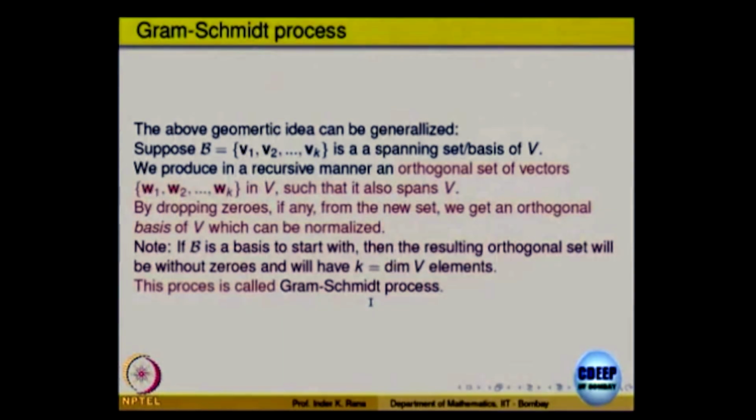So first you convert the given set of vectors into an orthogonal set, where each is perpendicular to the others, and then divide each one by its norm, and you will get a normal one also. So that is a two-step process: first orthogonalize, then normalize. This process is called the Gram-Schmidt process. This process of orthonormalization, given a spanning set or a basis, is called the Gram-Schmidt process.